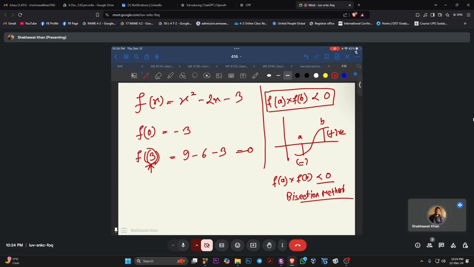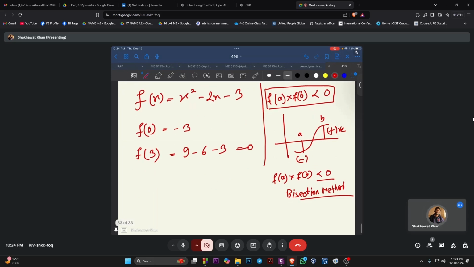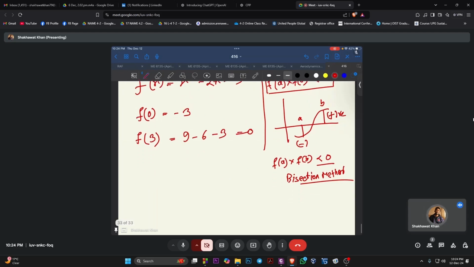Here our guess is already right because this is 3. We could solve this using another conditional loop, which we will discuss in the programming interface, no problem.